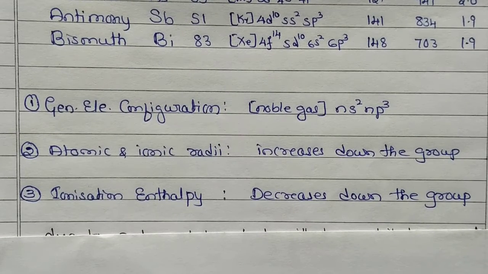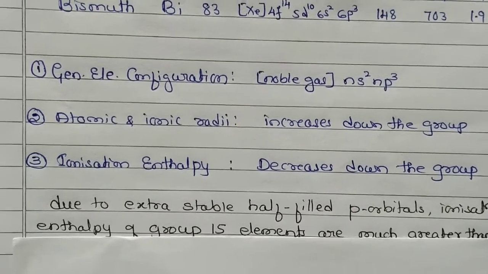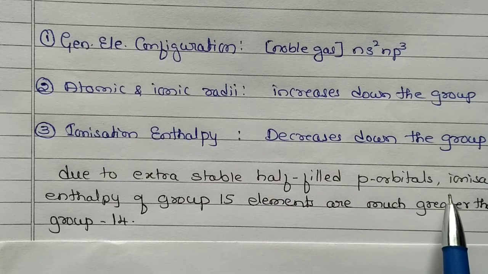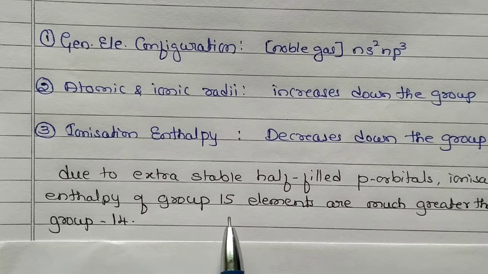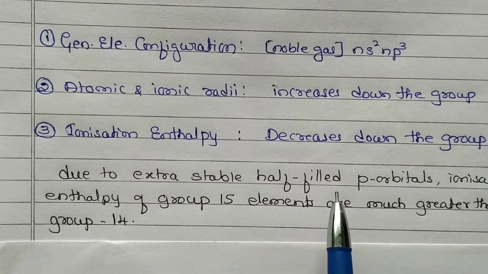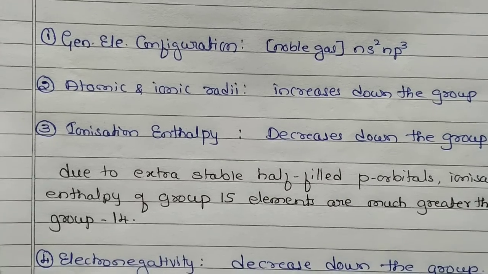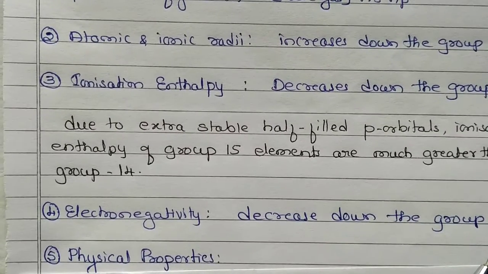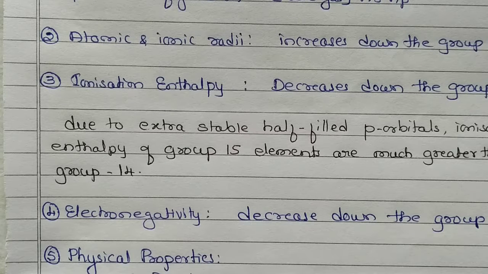One more important thing here: due to the extra stable half-filled p orbital, ionization enthalpy of group 15 elements is much greater than group 14. Then electronegativity decreases down the group.